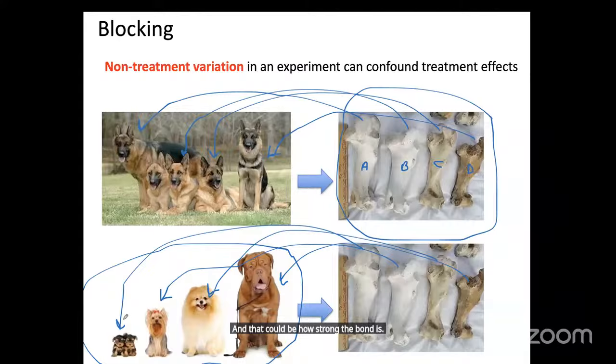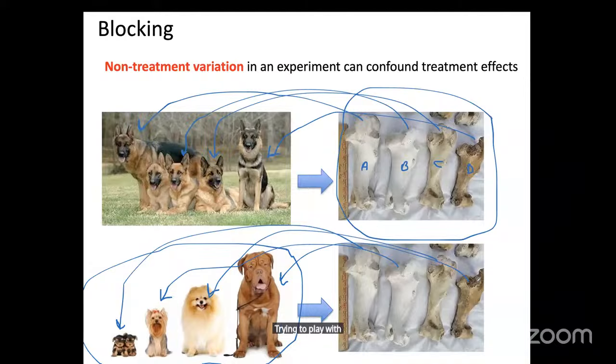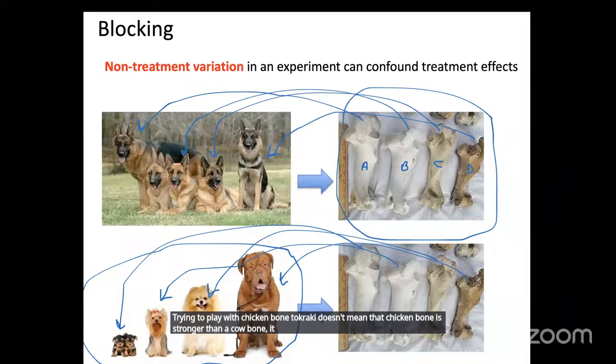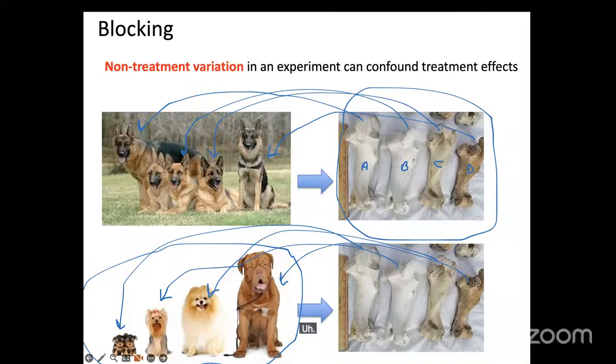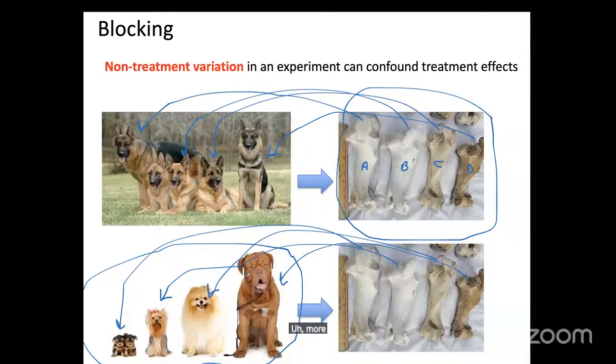But these small puppies are likely not to crack it, even if you give them chicken bones. So if they take 2 hours playing with a chicken bone without cracking it, it doesn't mean that the chicken bone is stronger than a cow bone. It just means that you're comparing dogs that are different in terms of characteristics. So you end up comparing more of your material than actually comparing the treatment itself.